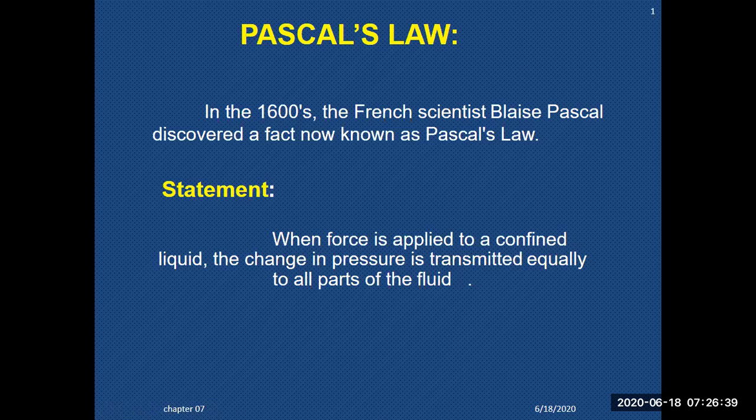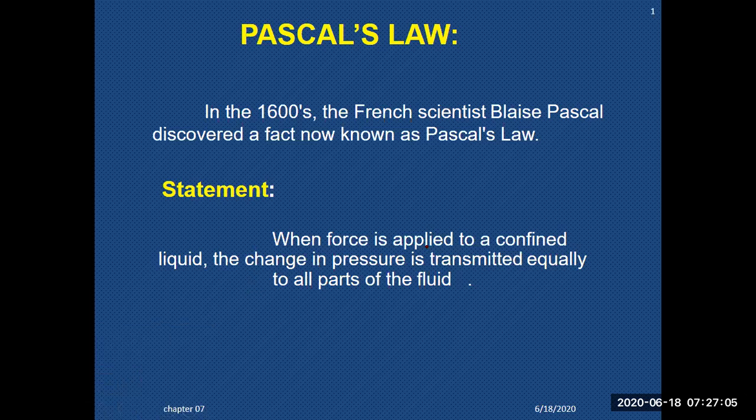There are thousands of applications in our life. Lifting huge loads, heavy machinery, and ABS and other types of the latest brake systems work on this principle. So this law is called Pascal's law, which explains the distribution of pressure in the case of a liquid.